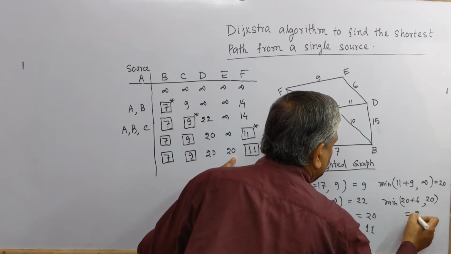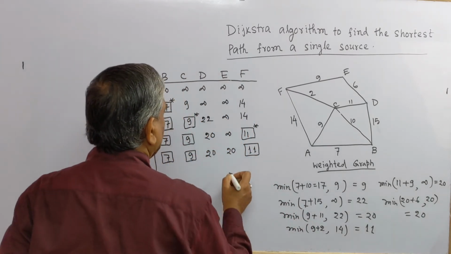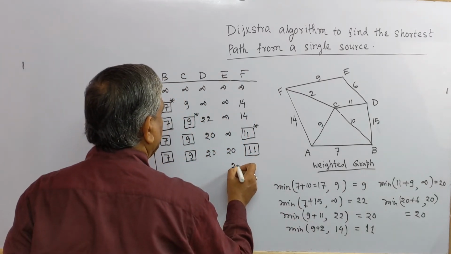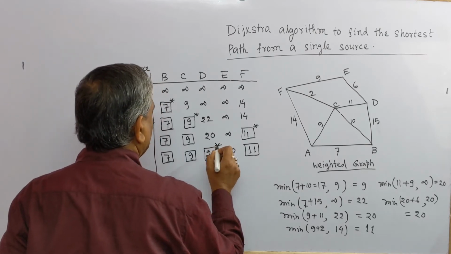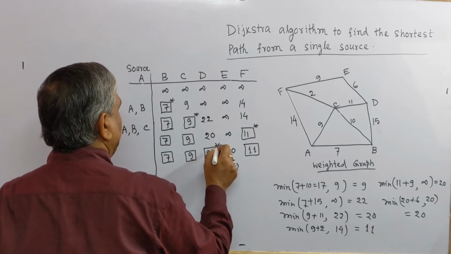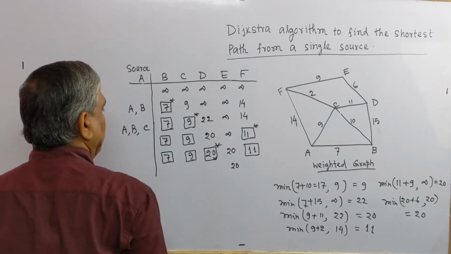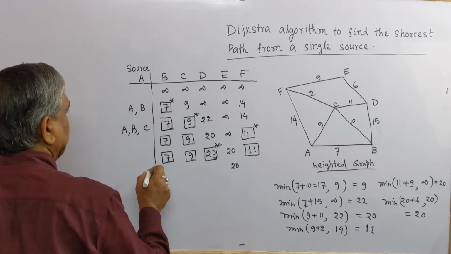The minimum of these is 20. So below E we write again 20, and this was selected in this case. So we write here a square with a star. These vertices are all stable vertices.